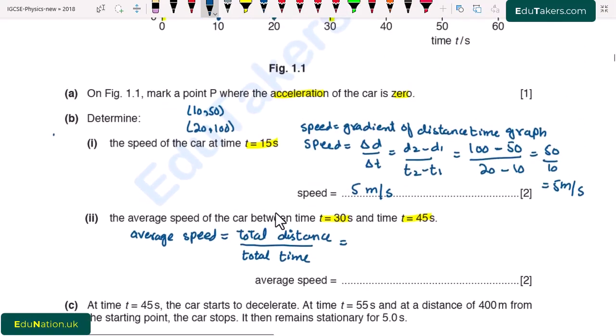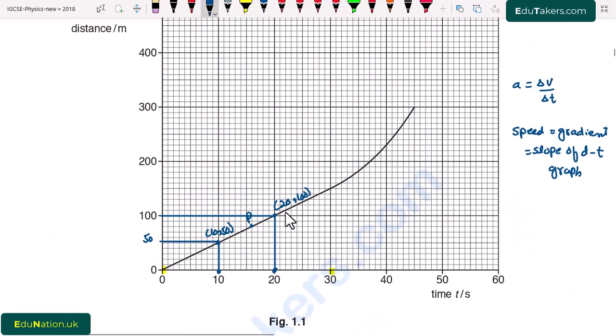t equal to 30 and 45. So it will be at this point and at this point. We have to join this point with the graph so that we can find out the corresponding distance values.